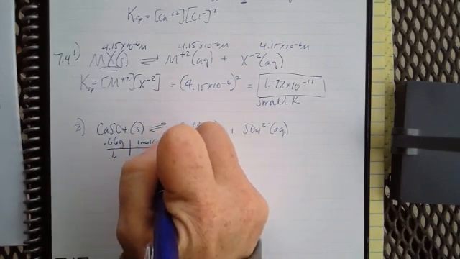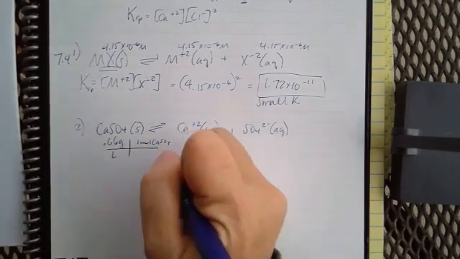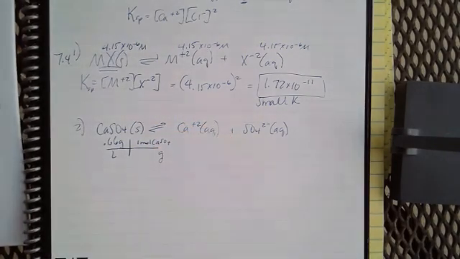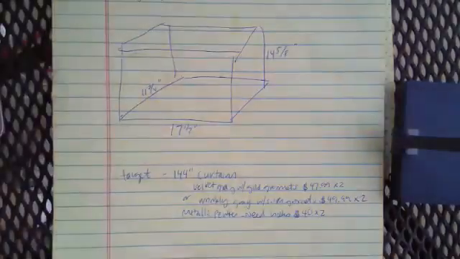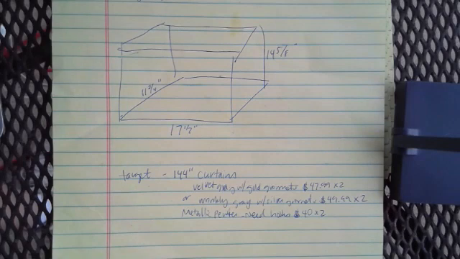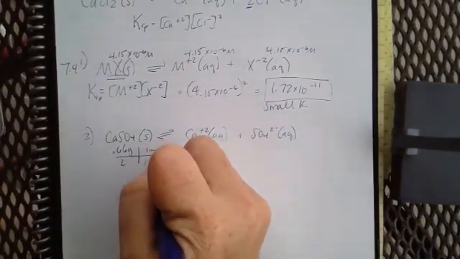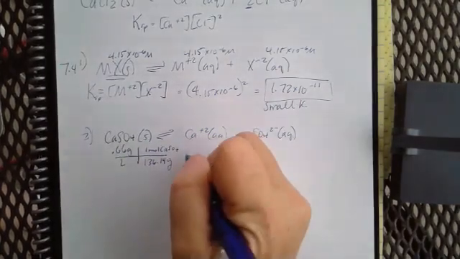1 mole of calcium sulfate has some grams. I wrote it down somewhere, like 190. If you add up 1 calcium, 1 sulfur, 4 oxygens, you get 136.14 grams.